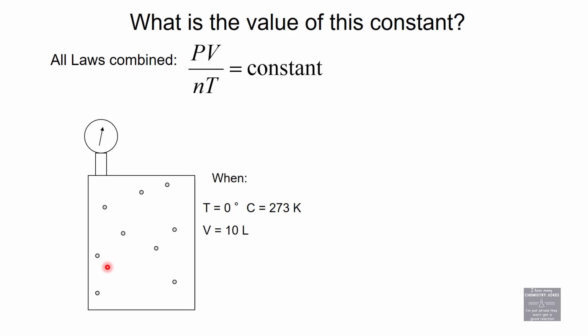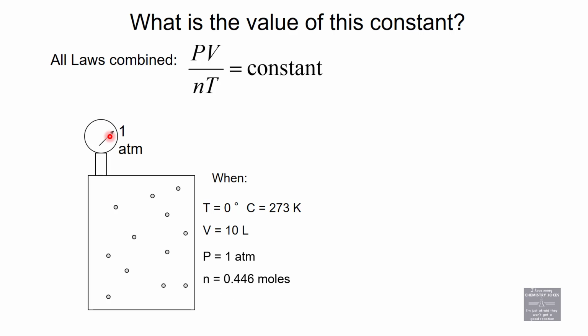And I put enough gas so that eventually the pressure of the gas is equal to 1 atmosphere. So I put enough gas into here to fill this 10-liter volume and give it a total pressure of 1 atmosphere. If you do that, how many moles did it take to fill this chamber to 1 atmosphere?